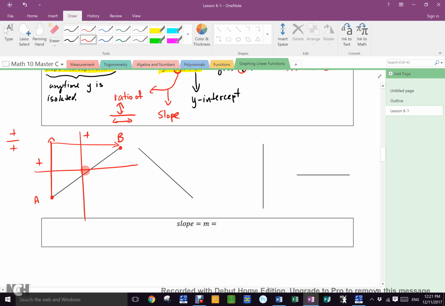So this is what we call a positive slope. Now you guys are smart kids. What if I'm already at B? Then how do I get to A? It's opposite. I would go down, negative, and then I would go left, which is what? Negative, which means I would get negative divided by a negative. Two signs the same. What do I get? It's still a positive slope.